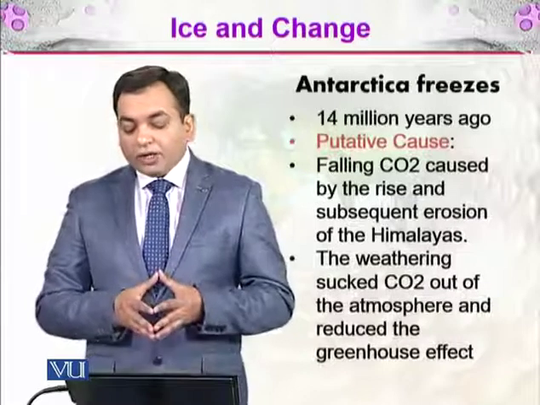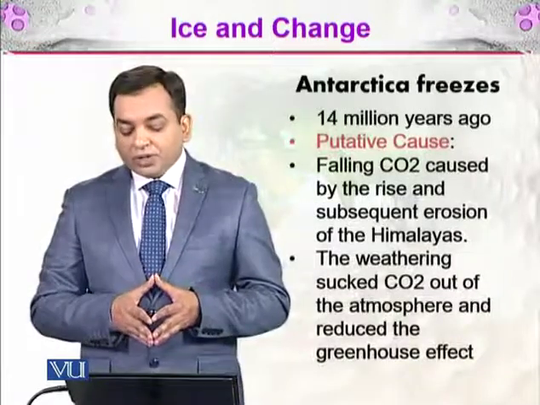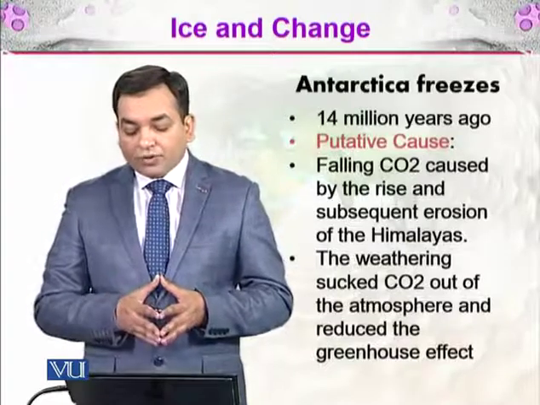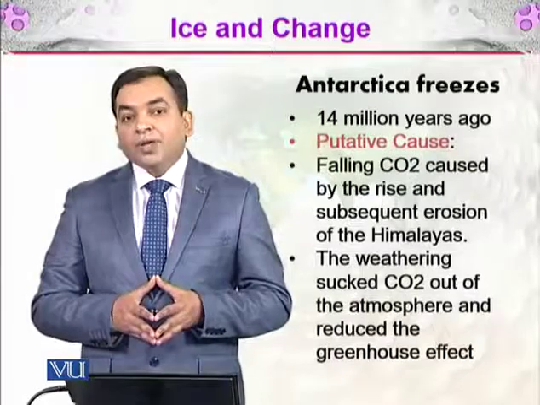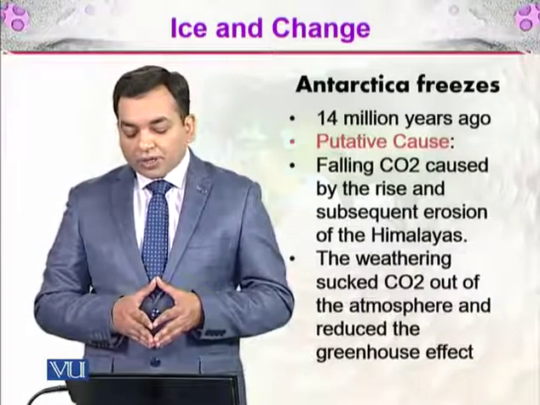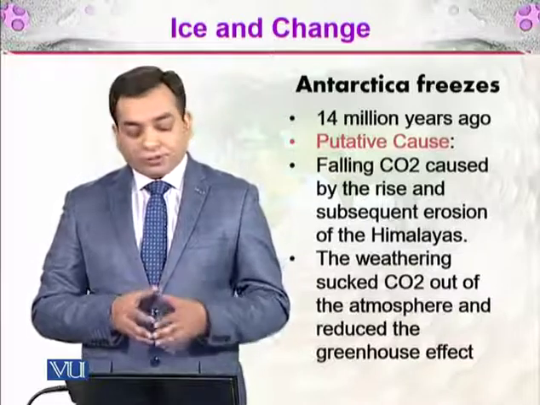Antarctica froze 14 million years ago. What were the putative causes? Falling CO2 caused by the rise and subsequent erosion of the Himalayas. The weathering sucked CO2 out of the atmosphere and reduced the greenhouse effect.